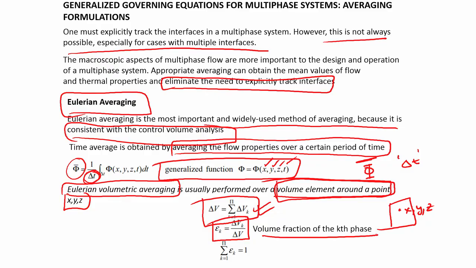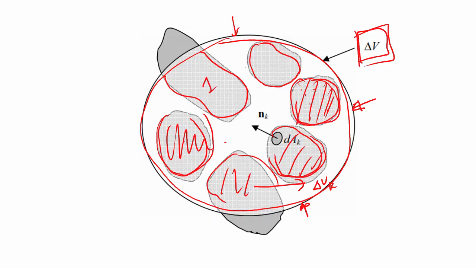That means if you look at this, say this is phase 1, phase 1, phase 1, all these areas, right. You calculate the volumes of all these phases.